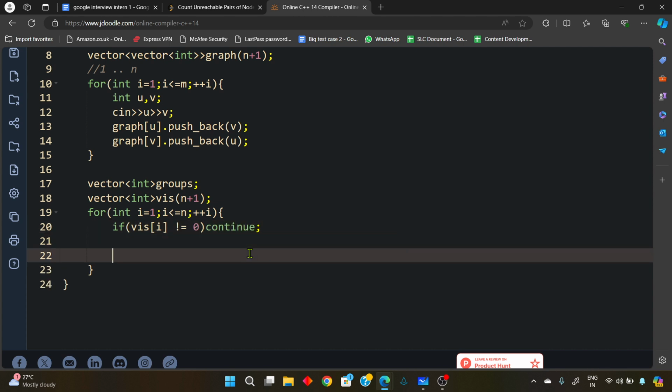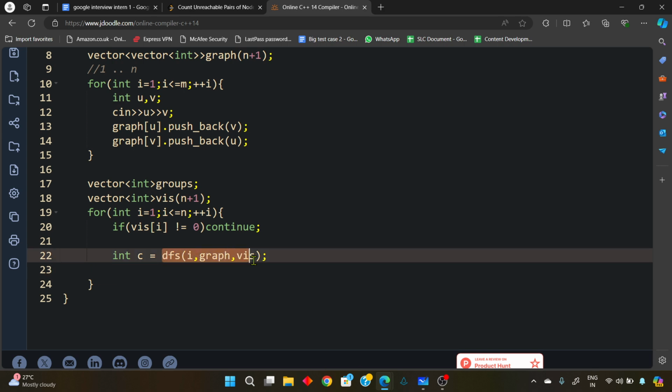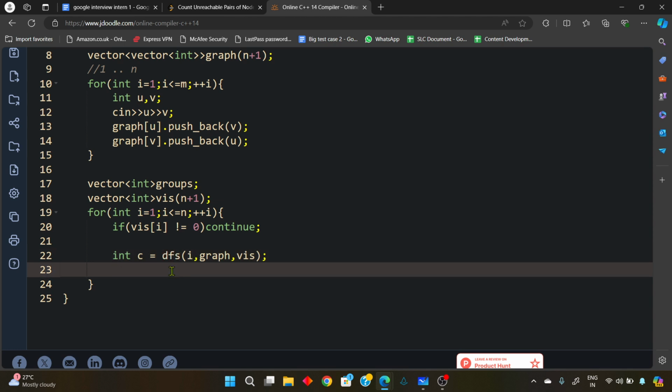If I find a person who is not visited, it means I found a group, and there I will perform DFS to cover all the nodes of that group. i is going to be the starting node, and the graph and visited array are required. Now see, what this function is going to return is the size: how many people there are in this particular group.